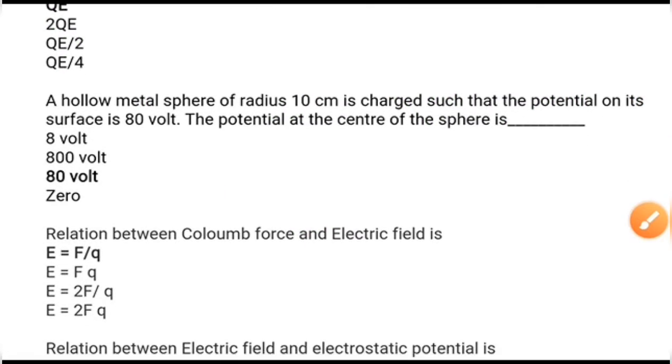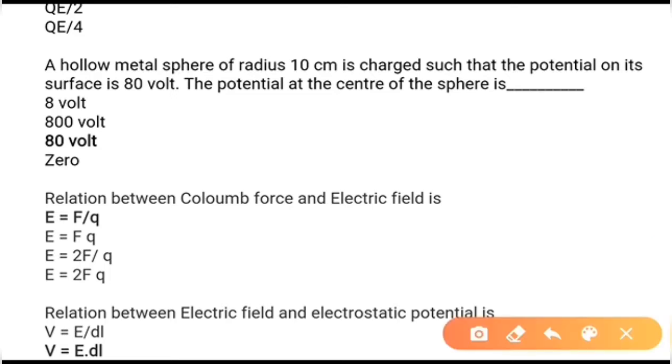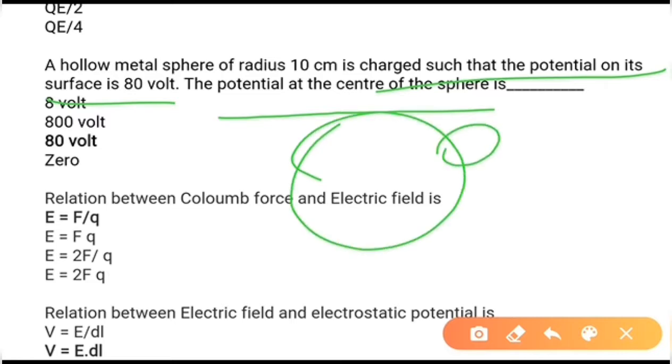Next question, a hollow metal sphere of radius 10 cm is charged such that the potential on its surface is 80 volt. What is the potential at the center of the sphere? We know a hollow metal sphere is a conductor, so the potential will be the same on the surface and inside.